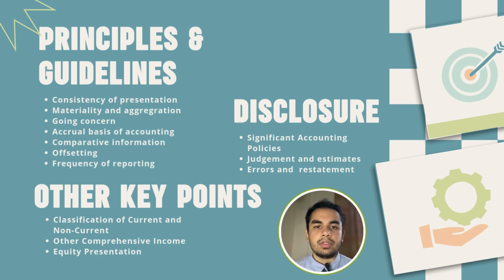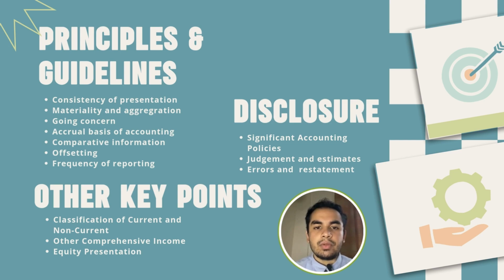Disclosures also need to be taken into account. Companies are required to disclose significant accounting policies to provide users with insight into the accounting principles applied. The standard also requires disclosure of key judgments and estimates that could significantly affect the financial statements.